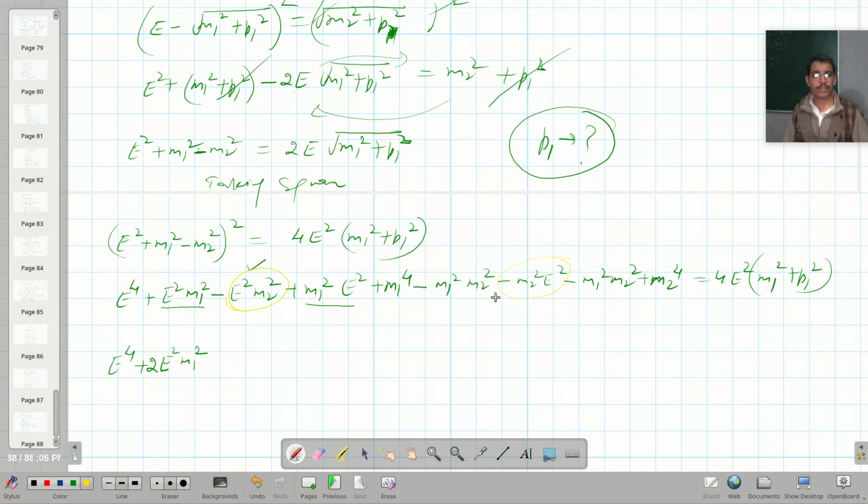Both are negative, so it can be written as minus E square m2 square. And similarly another is this one, both are negative, so they can also be put together, so it is minus 2 m1 square m2 square, right?